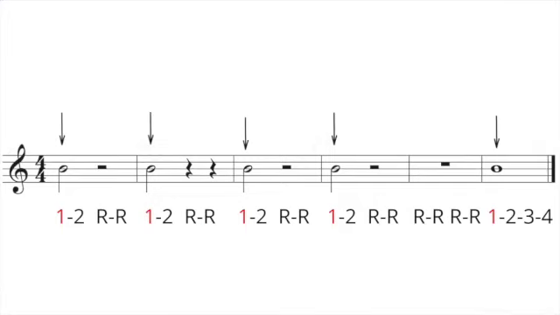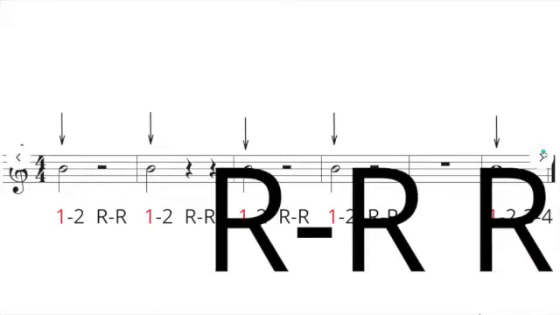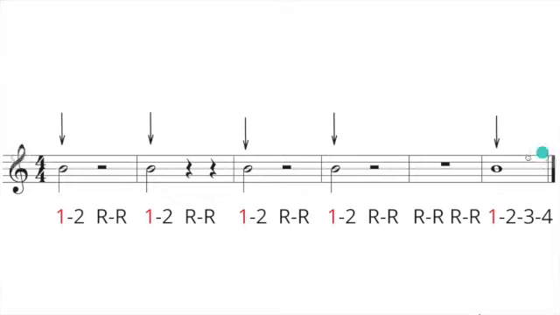This example, 1, 2, rest, rest, 1, 2, rest, rest, and so on, ending with 1, 2, 3, 4. Now we got this one, 1, 2, rest, rest, 1, 2. That appears to be the same one.